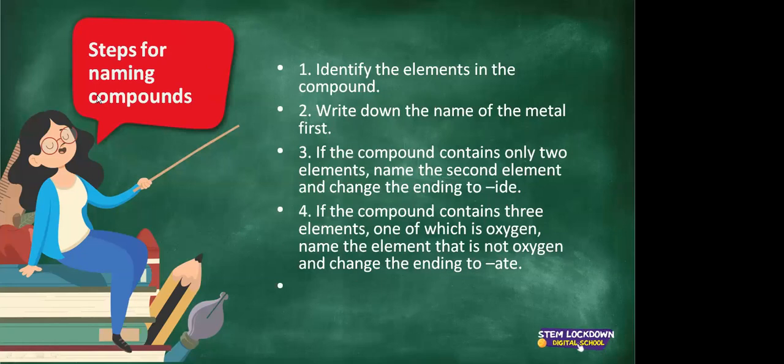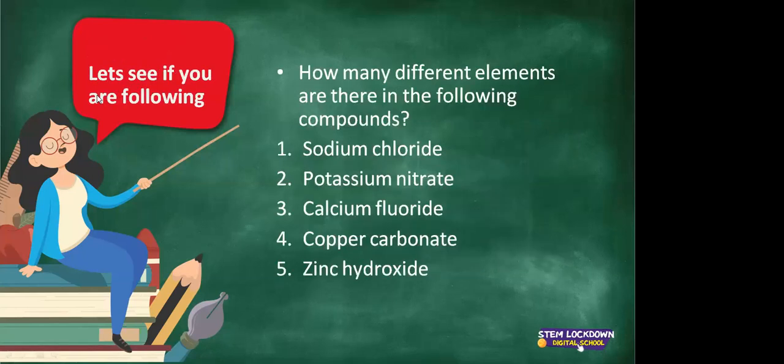And if the compound contains 3 elements, we have potassium nitrate. We've got potassium and nitrogen, and then the name changes to potassium nitrate. Then you've got calcium fluoride, copper carbonate, and zinc hydroxide.